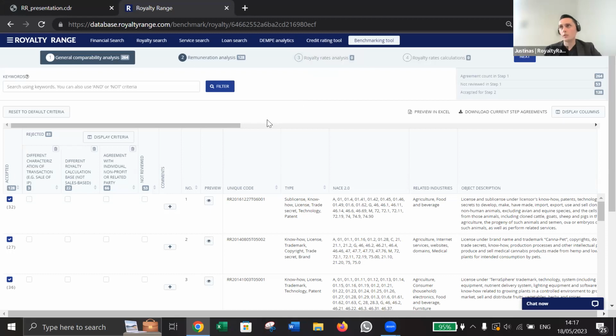During the general comparability analysis stage, we would normally look into the general characteristics of the license agreement and ensure that the royalty base is comparable, that the agreement is between independent entities, and that the agreement is indeed a license agreement and not a sale of IP agreement. So this is our framework of the acceptance and rejection matrix.